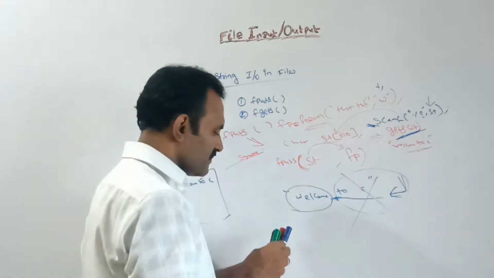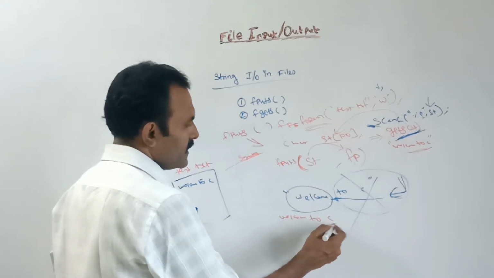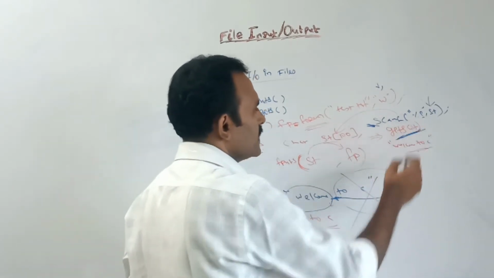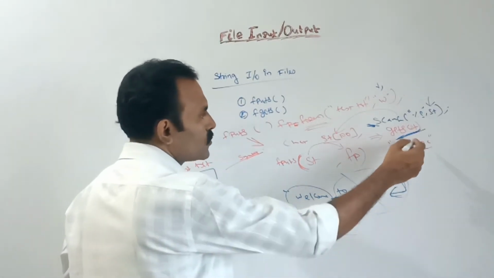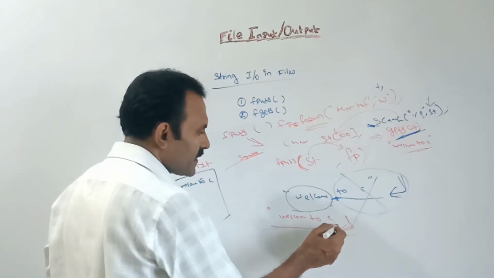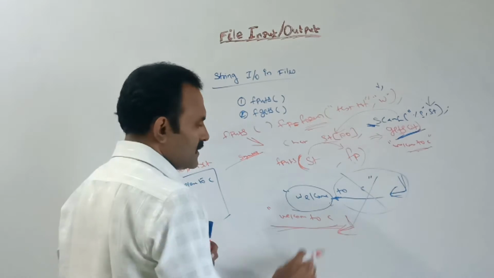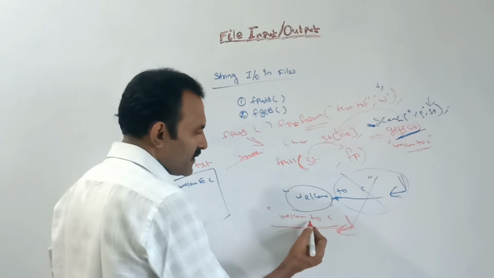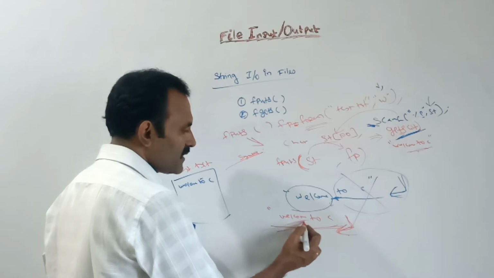Suppose you are using the gets function: everything, "welcome to C", this whole string is taken by the gets function into st. So the complete string "welcome to C" will be stored in st. While pressing enter, the entire string you had given before it will be taken by the gets function. In the scanf function, if you press enter or give a blank space, the content before the blank space or before the enter will be stored.